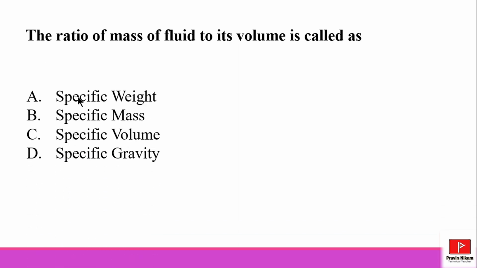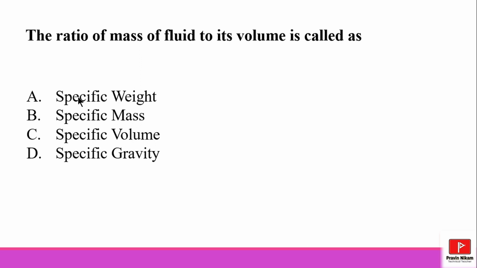See the options: specific weight, specific mass, specific volume, specific gravity. Mass density is not present in options, but mass density is also called specific mass. Weight density is also called specific weight. So specific mass is present here. So the correct option is B.